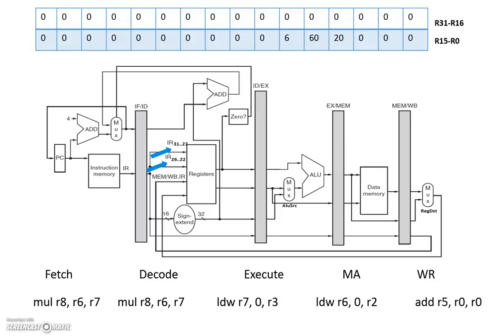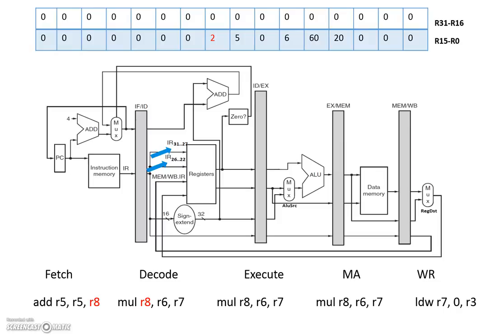So execution of add R5, R0 will store value 5 in the register file. In the next stage, instruction LDW R6, R2 will be executed, and value 2 will be stored in the register file.